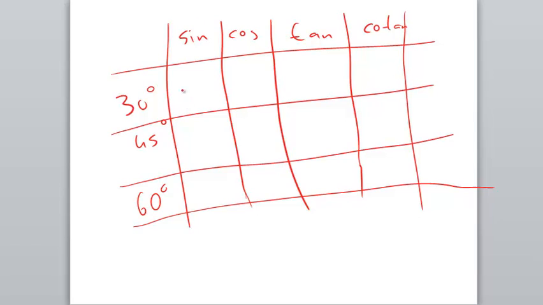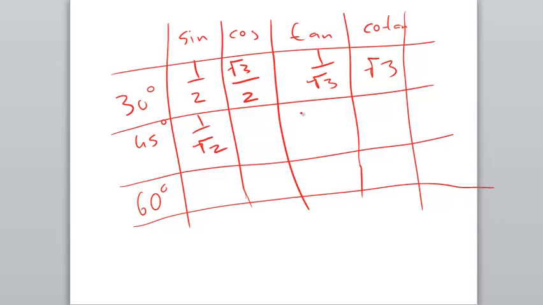Sine 30 was 1 over 2. Cosine 30 was root 3 over 2. Tangent 30 was 1 over root 3. And cotangent was the opposite of tangent, which is root 3. So sine 45 was 1 over root 2.